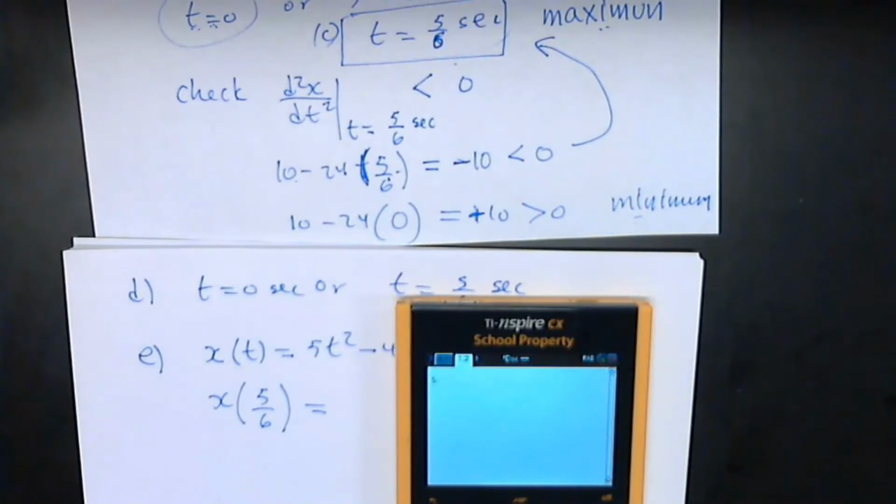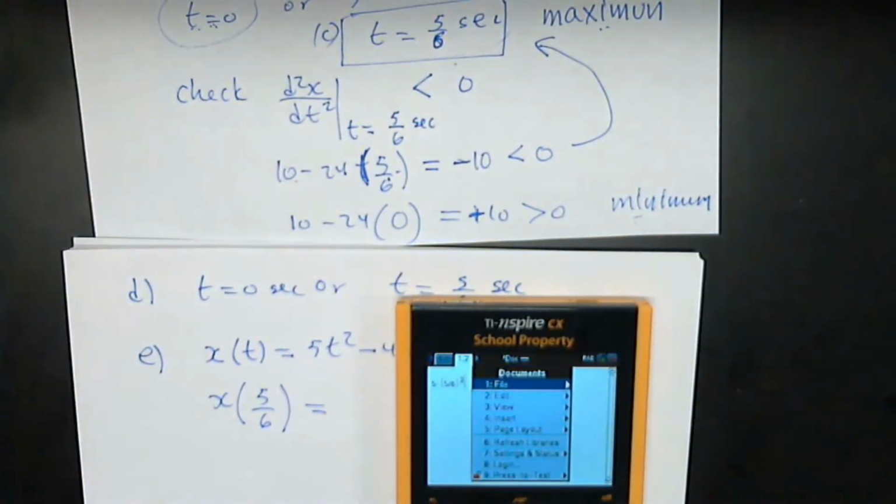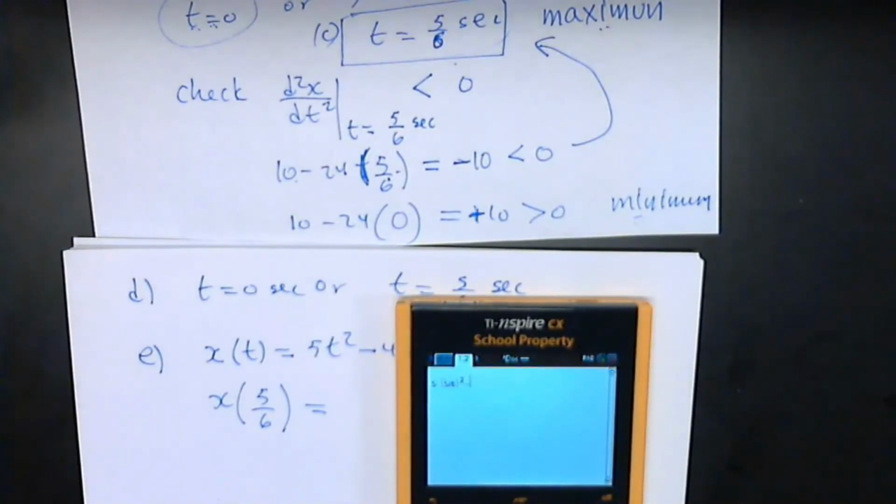5 times, I will put parentheses, 5 over 6, close parentheses, squared, minus 4 times parentheses, 5 over 6, close parentheses, cubed.